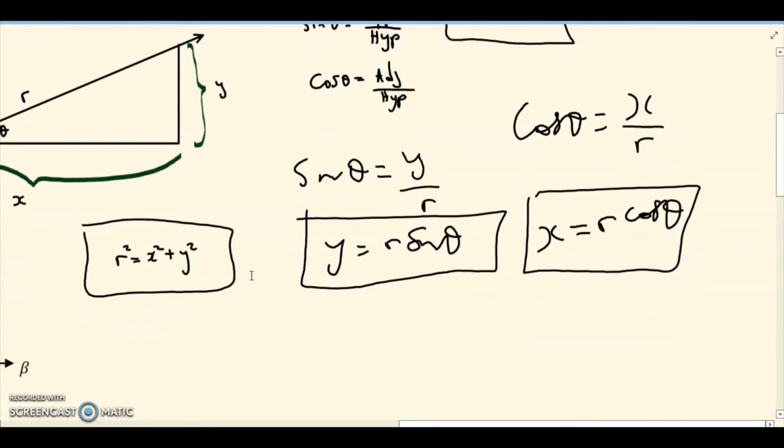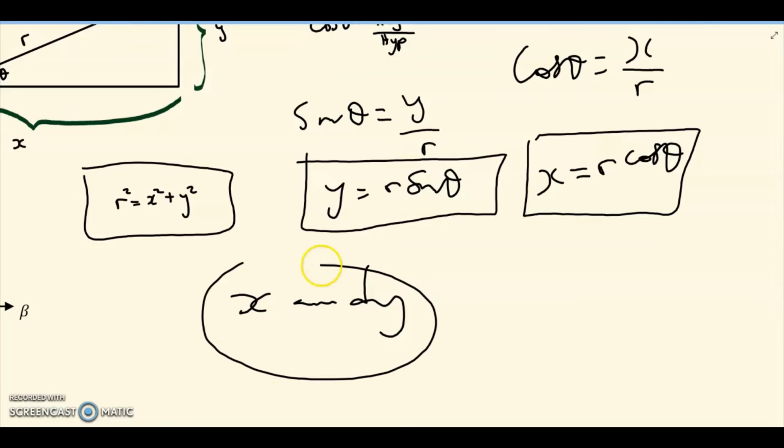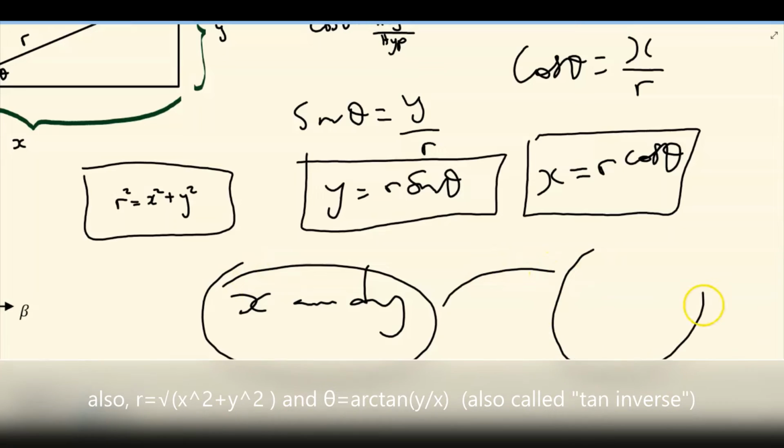Okay, so in the rectangular form, your equations will have x and y. Okay, and for you to take it to polar form, you need to get rid of the x and y and make sure that it only has r and theta.